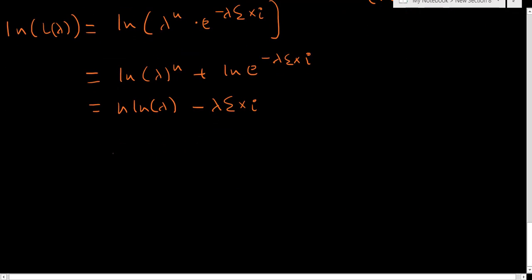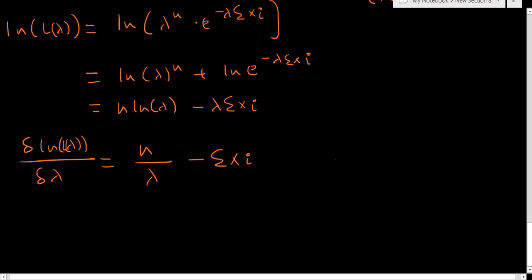So we know that. Let's now differentiate this with respect to lambda, so this would be the derivative of the log likelihood of lambda with respect to lambda. That would obviously be n over lambda, since the log of lambda is differentiated as 1 over lambda, minus sigma xi. Sigma xi is just a constant, and the derivative of lambda with respect to lambda is just 1, so we'll have a sigma xi here.